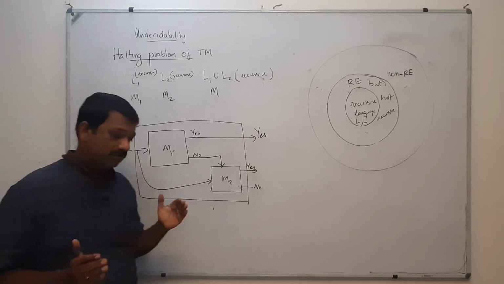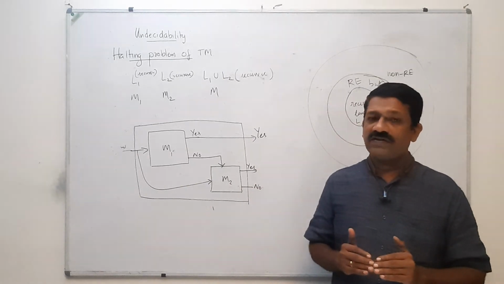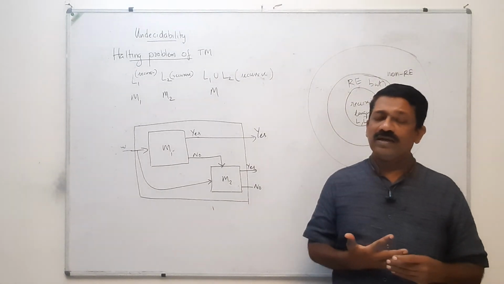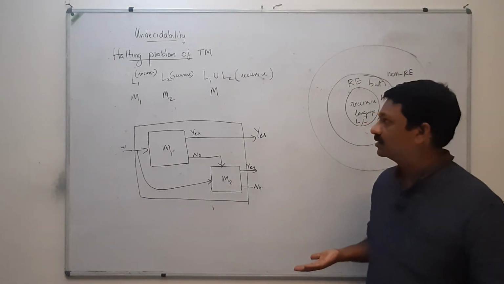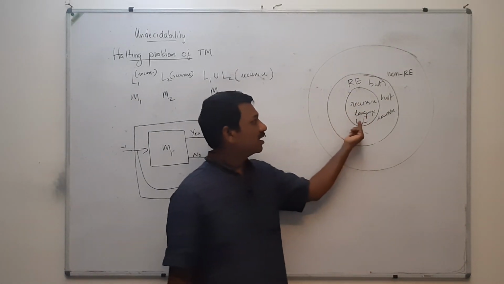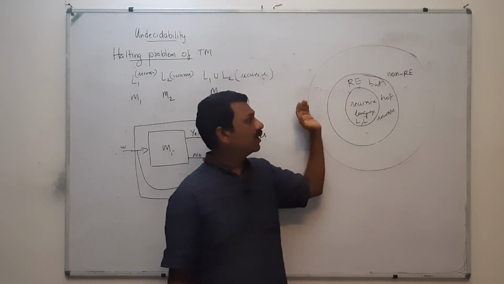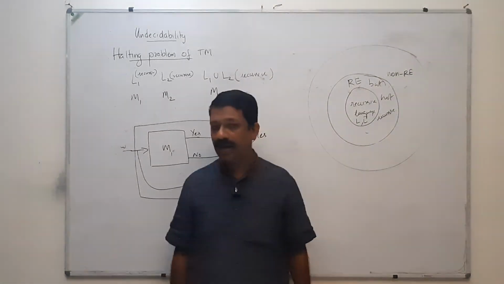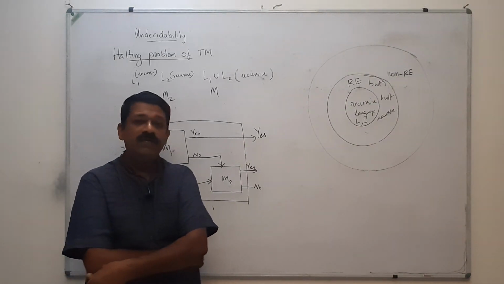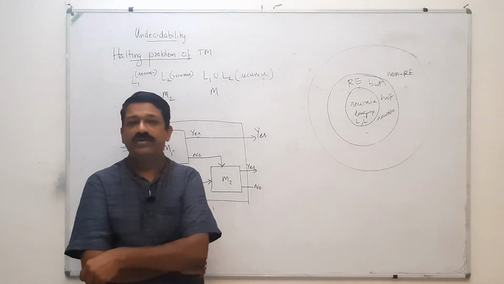I also told you about recursively enumerable languages and recursive languages, and their important properties were discussed. And this is the hierarchy: recursive languages are a subset of recursively enumerable languages, and in the outer layer we have non-recursively enumerable languages. With that, I am concluding this session on undecidability, the halting problem, and properties of recursive and recursively enumerable languages. Thank you.